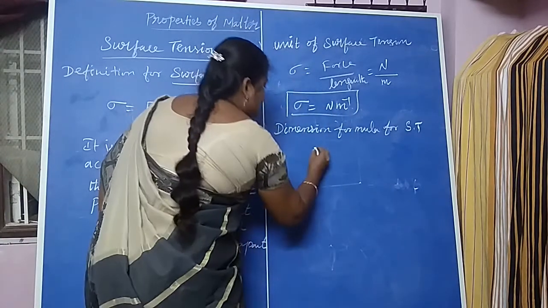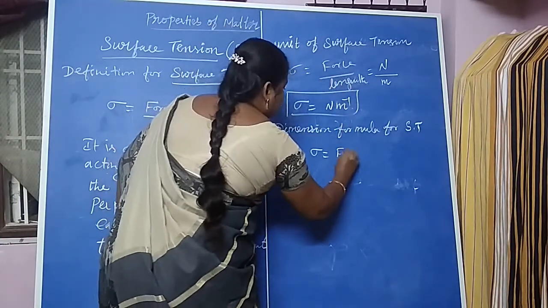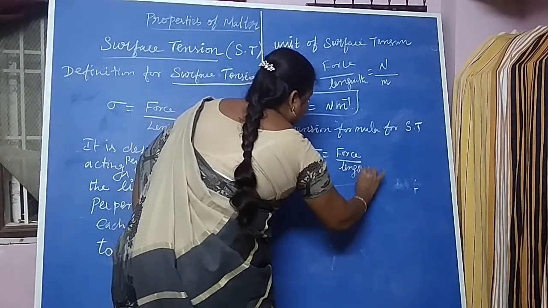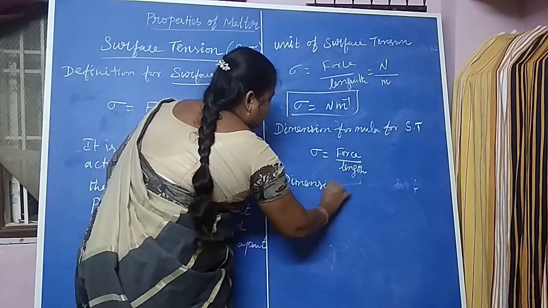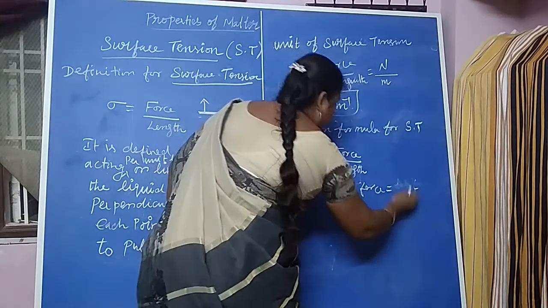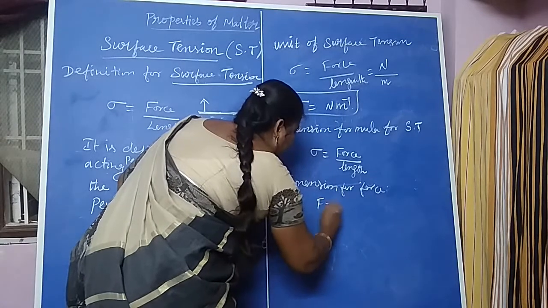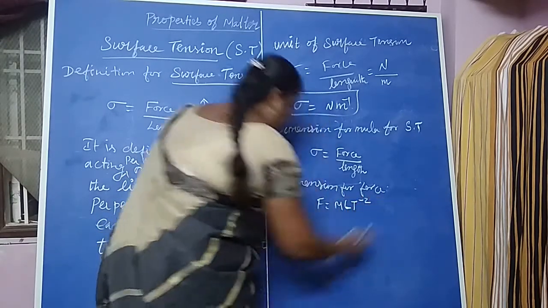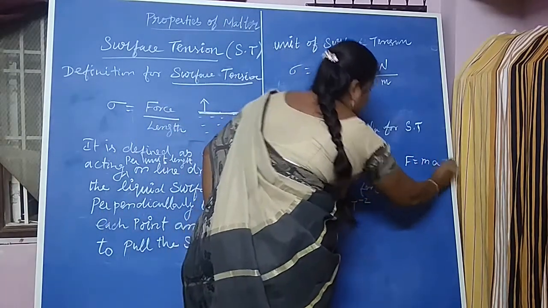Surface tension is the ratio between force and length. The dimension of force F: we know that F equals mass into acceleration.